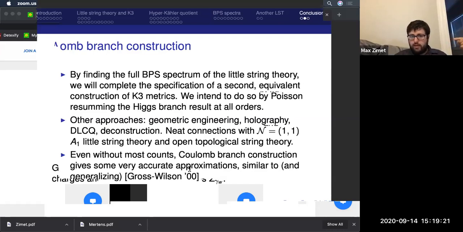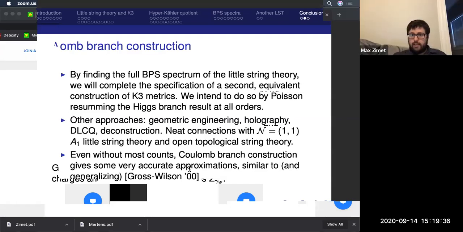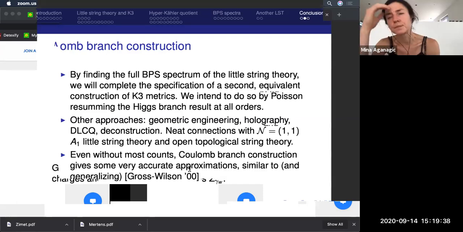So then the BPS opens... In the threefold, this brane is two-dimensional or three-dimensional? It's three-dimensional. Yeah. Okay. So it's wrapping a special Lagrangian.